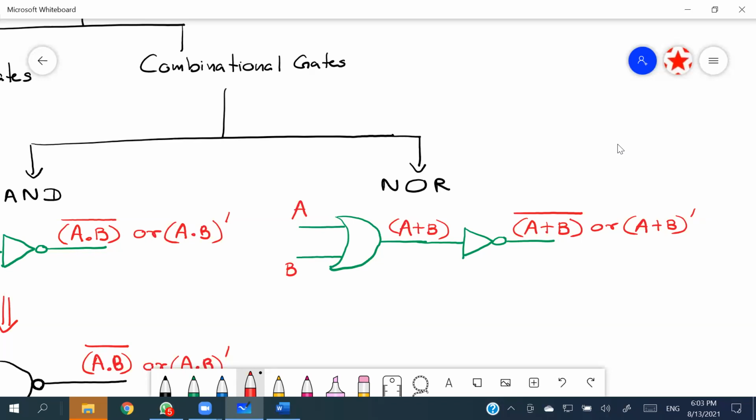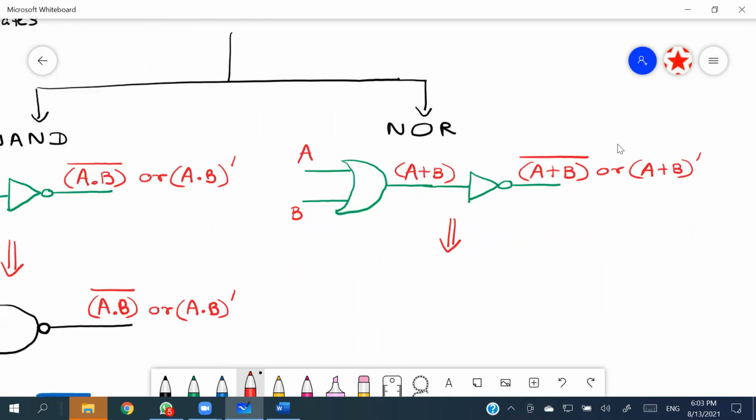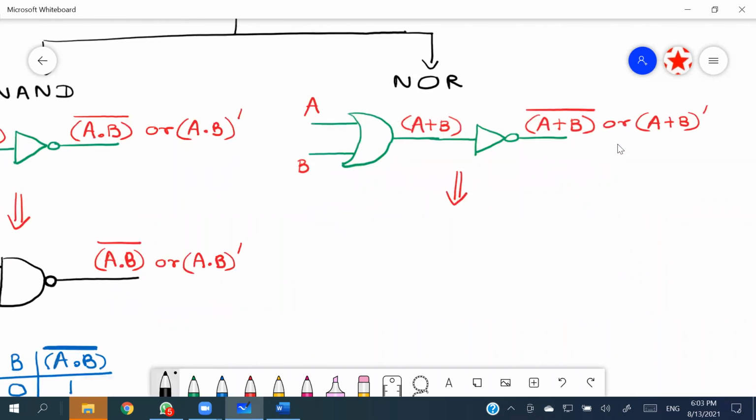Right? And in the very same way that we represent the NOR gate, we represent the NAND gate in one single gate. Here for the NOR gate, we have another particular symbol which uses the same concept and can be illustrated like this.